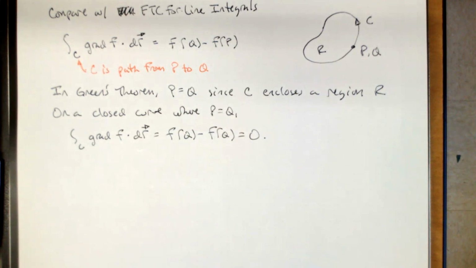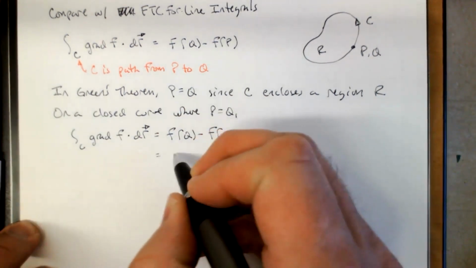If we apply it on a closed curve, starting and ending at the same point, we'll end up with 0. So f at q minus f at p is going to be 0 since q and p are the same point.